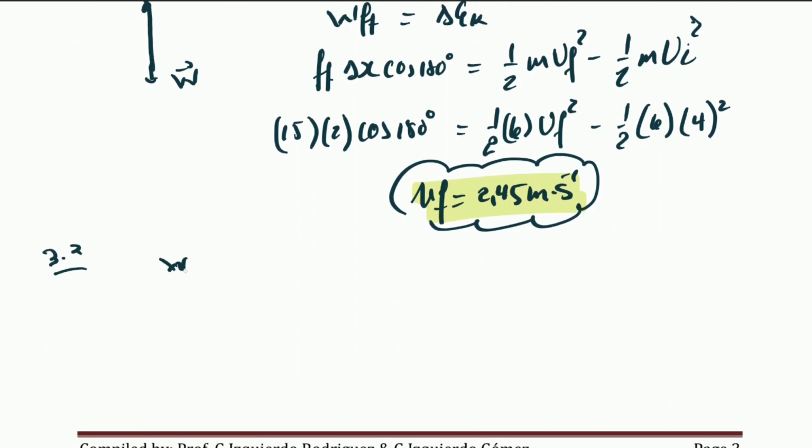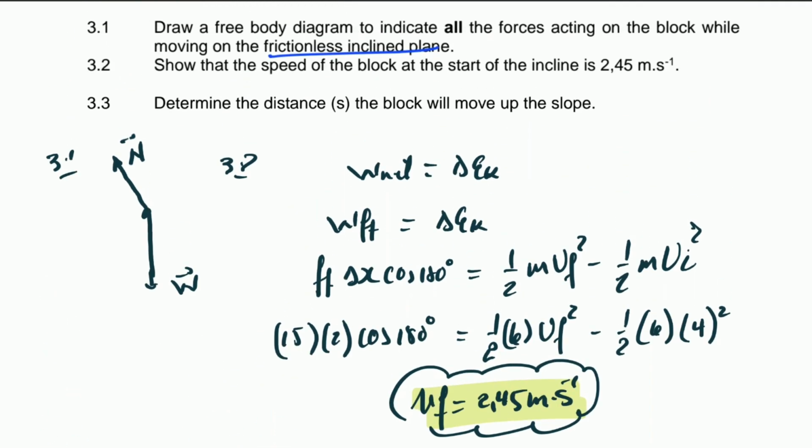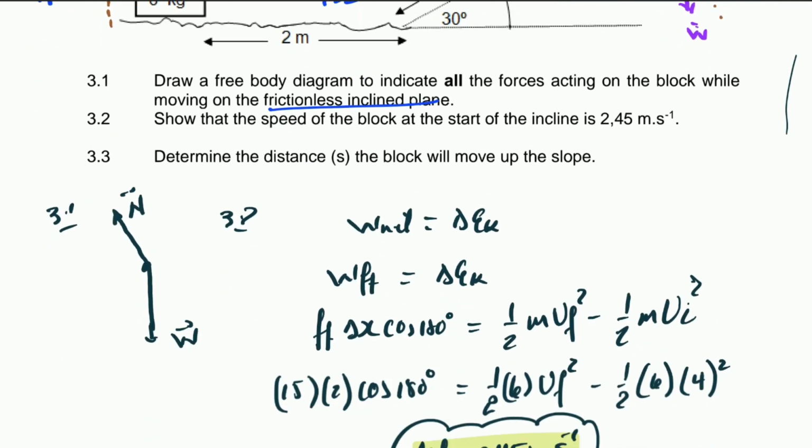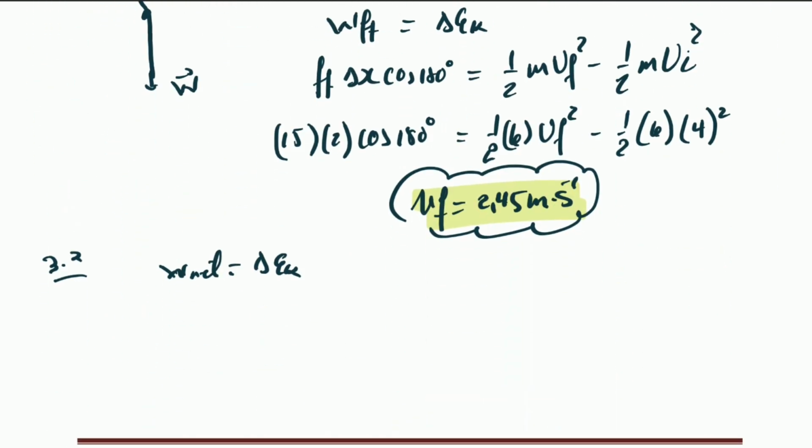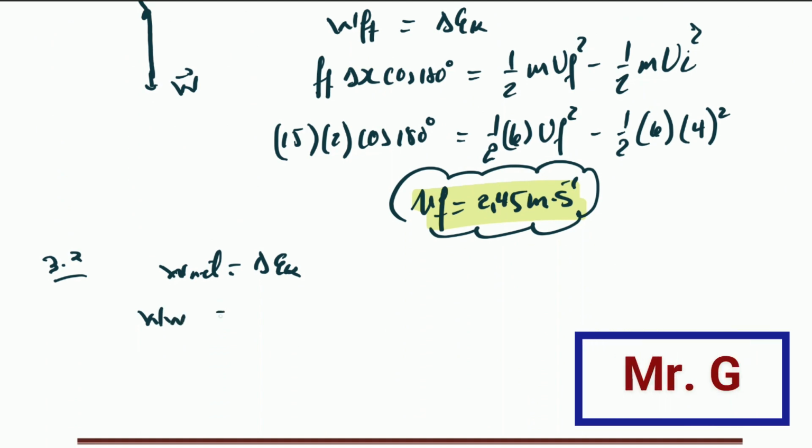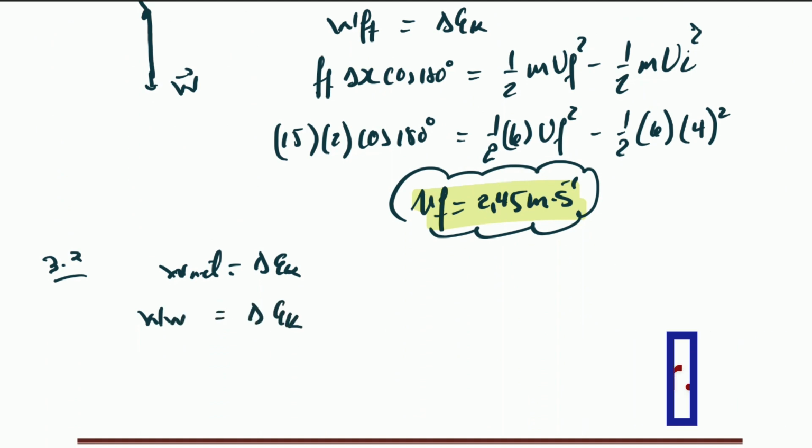3.3, net work is equal to change in kinetic energy. The only force that does work there is the gravitational force, guys. So then it will be the work done by weight equal to change in kinetic energy.